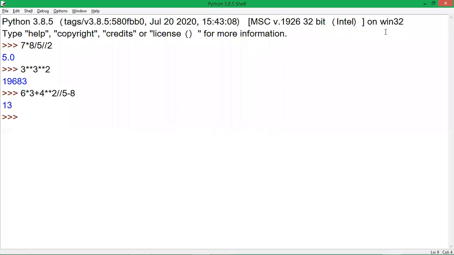Now we'll execute this: 10 greater than 5 and 7 greater than 12 or not 18 greater than 3. So we are getting the result as false.